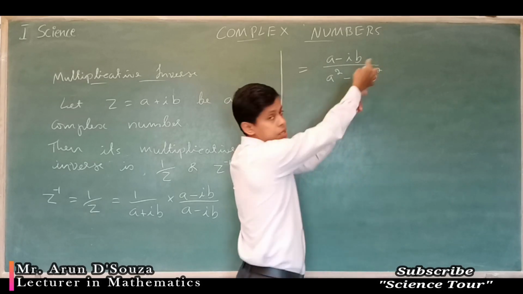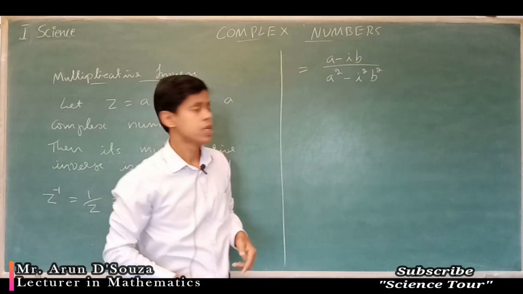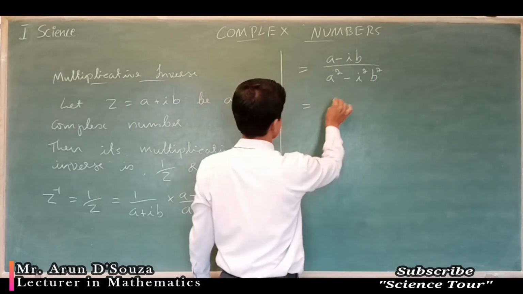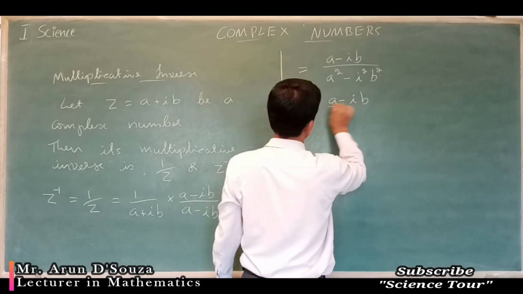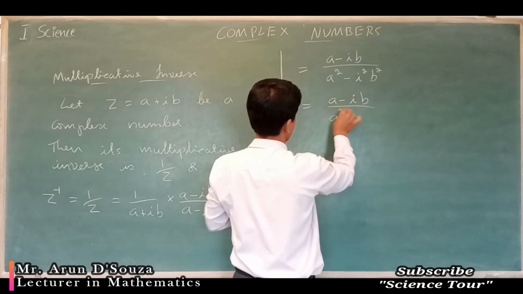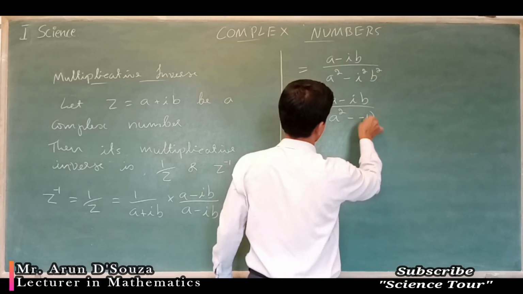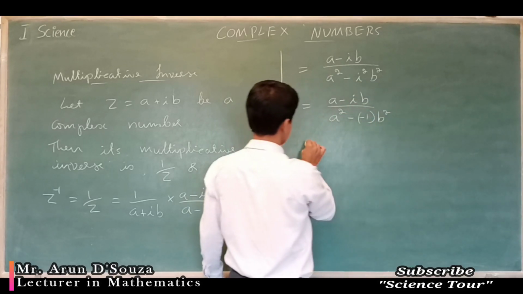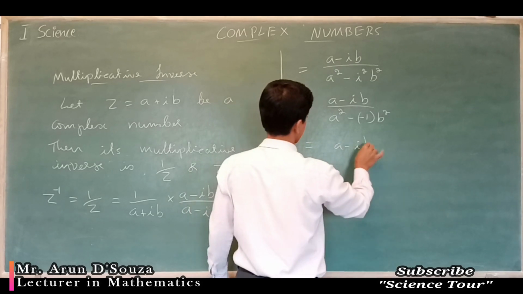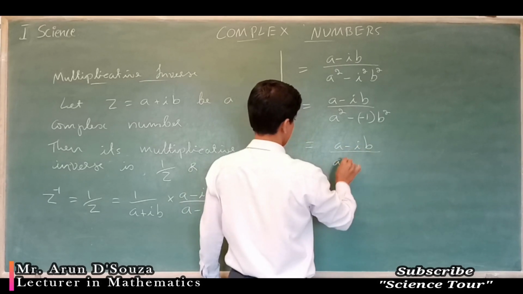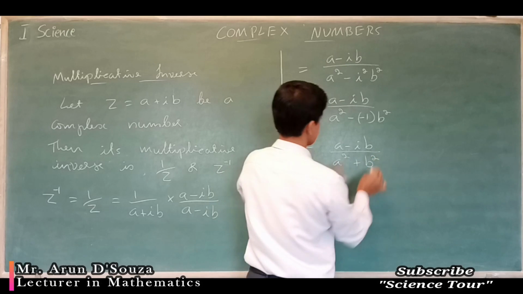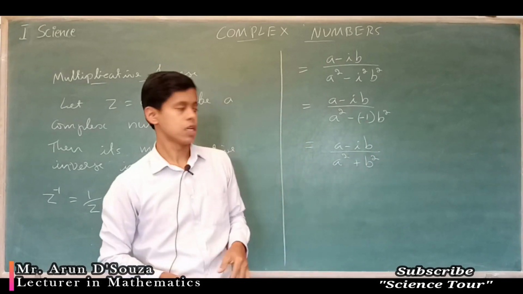It's like ib whole square. Okay. Well, the next thing, this is a minus ib, this is a square. i square is minus 1. So hence you will get a square plus b square, minus into minus.